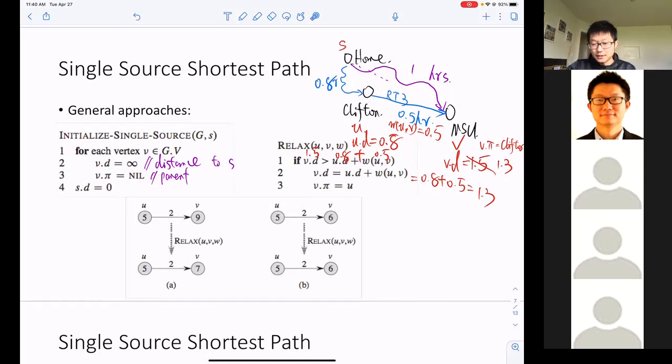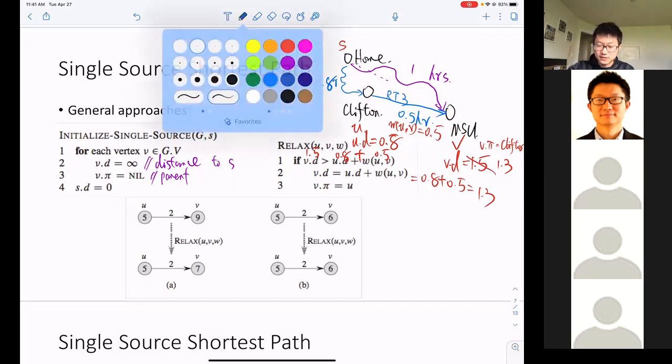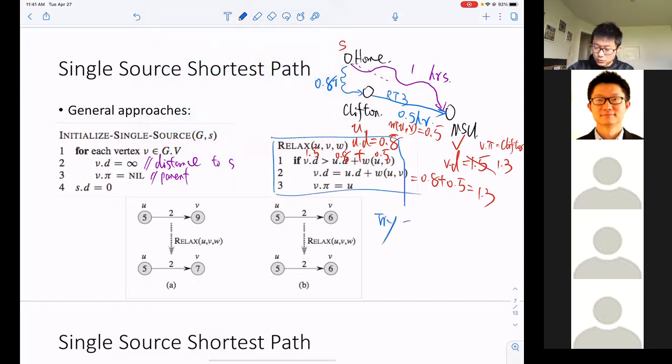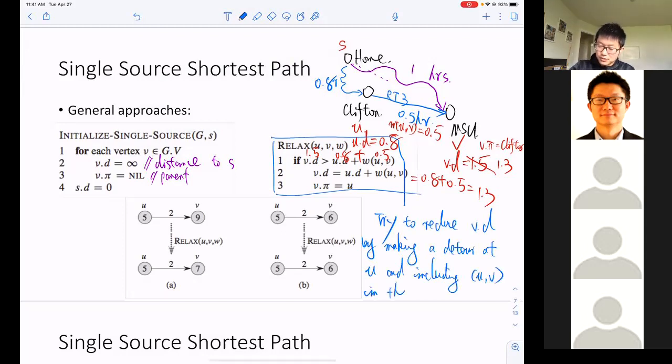Yep. Okay, and here you can see that in the relax function, if this if condition is evaluated as true, then we add this edge into the shortest path from the source to V. So if this is successful, the edge between U and V, road 3, is included in the shortest path from the source to V. To summarize the relax function in one sentence: try to reduce V dot D by making a detour at U and including the edge from U to V in the shortest path.